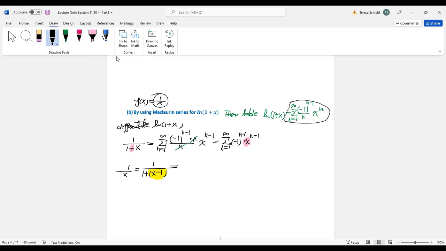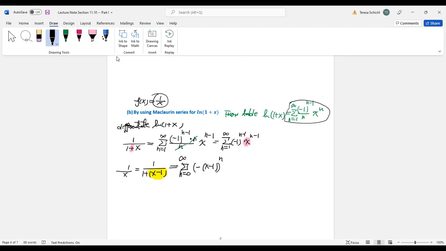So this is x minus 1, right? So it will be the summation n from 0 to infinity, and you will have a negative x minus 1 to the nth power here.